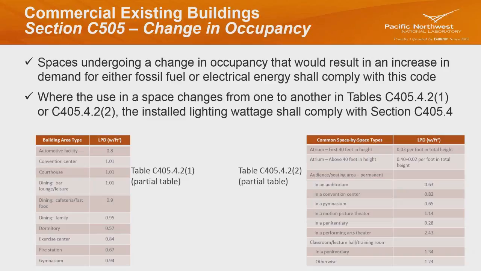Basically, if a building is going through a change in space type, and it's an old building, I highly doubt that you're going to meet the requirement that the energy has to be less than the existing lighting. Let's say it's retail, and I'm going to change it to an office. You have to look at the lighting power density of what the office is and what's existing.